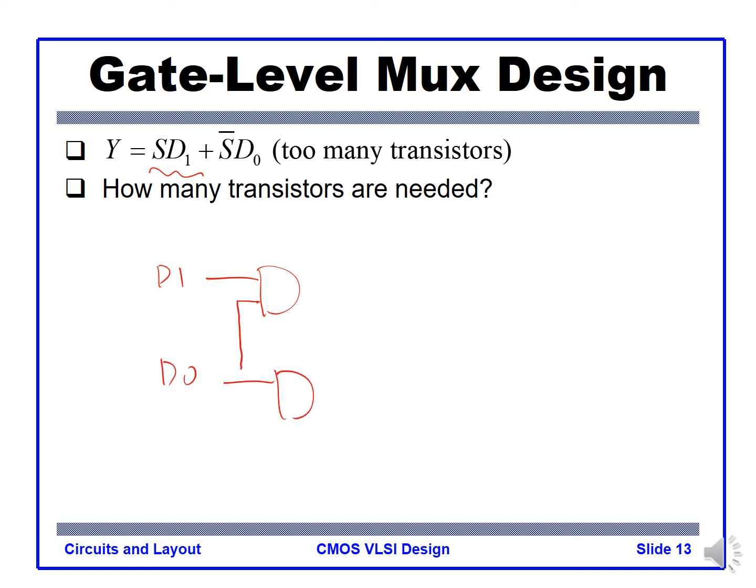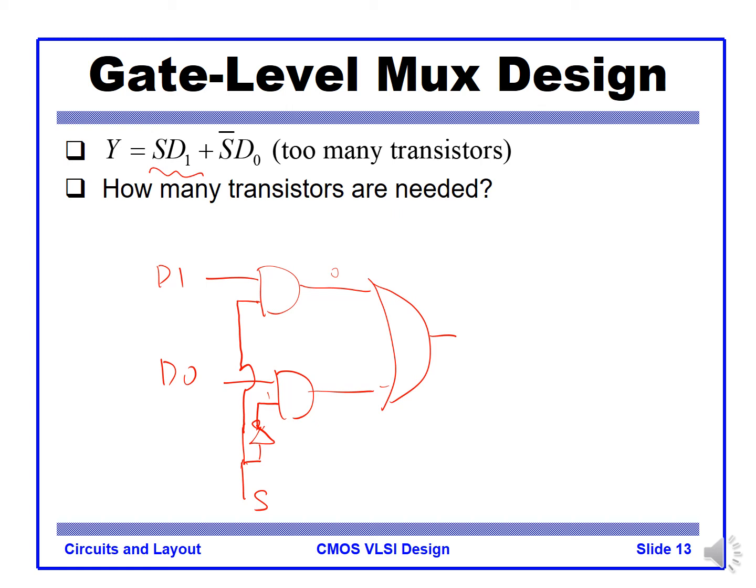This is the selection, and an inverter for the selection, like that. Then an OR gate, right? So if the selection is 0, then this becomes 1. D0 passes to the output because the other side is 0. The OR gate doesn't pass the other side, right? So we can build a system like that.